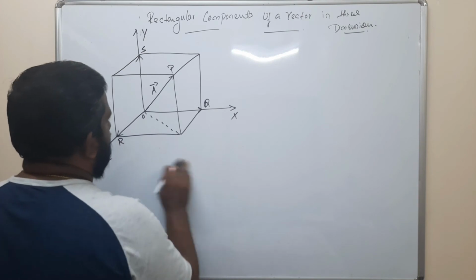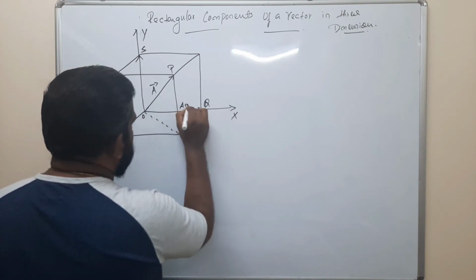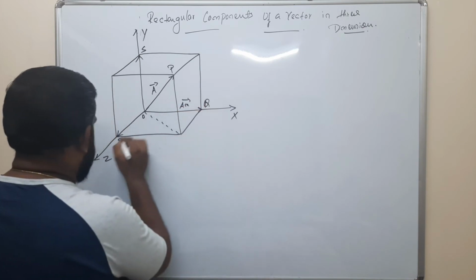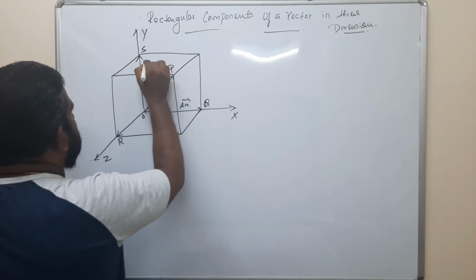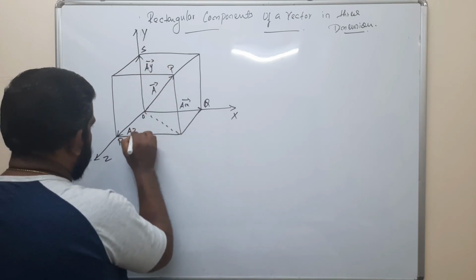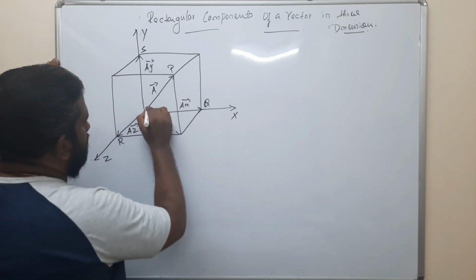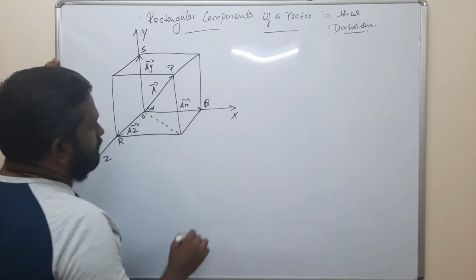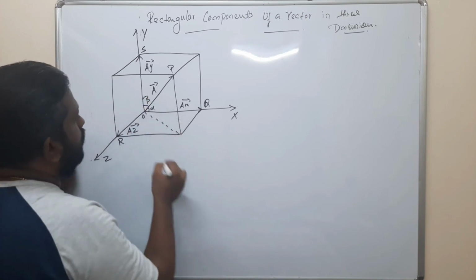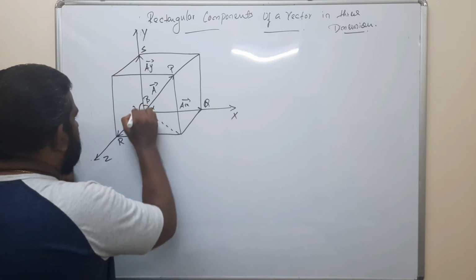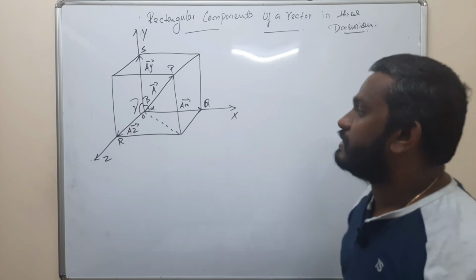So the OQ vector I am taking, that is AX vector, OS vector, that is AY vector, and AZ vector. So the vector makes an angle alpha with the x-axis, beta with the y-axis, and gamma with the z-axis.